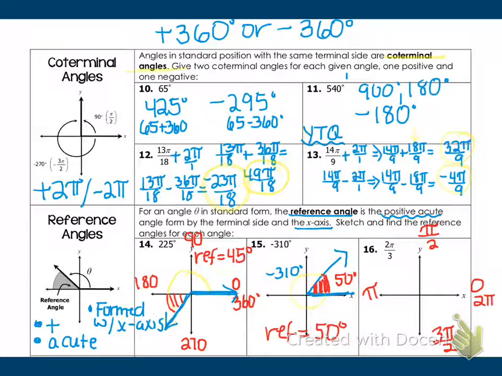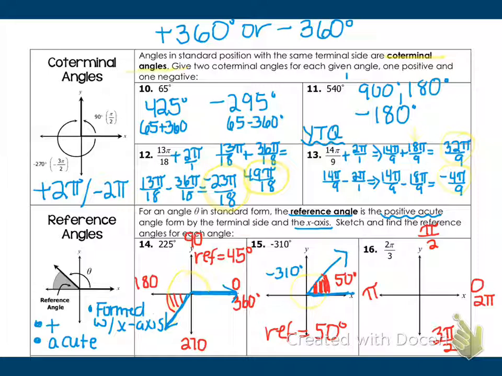So you could think about it in radians, or you could convert to degrees and work in degrees to find the reference angle. But then once you get the reference angle, you have to convert it back to radians. So if you can, try to work within the measurement they gave you, which is radians.